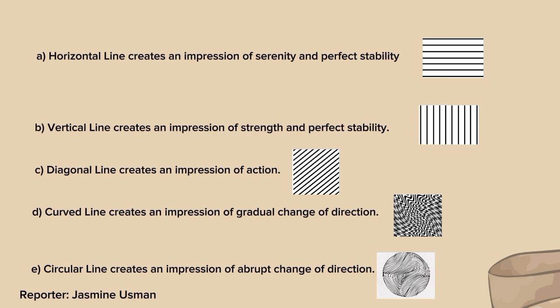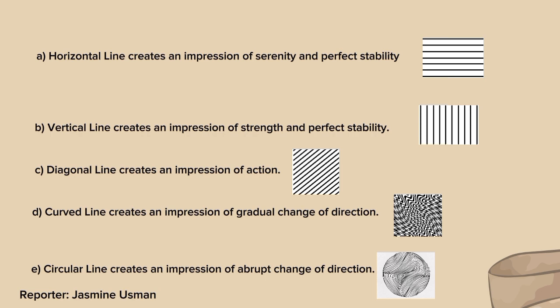The next one is curved line. Curved line creates an impression of gradual change of direction. It means that curved lines flow smoothly and gracefully, suggesting a gentle transition or change in direction.